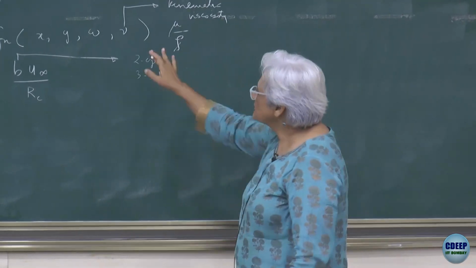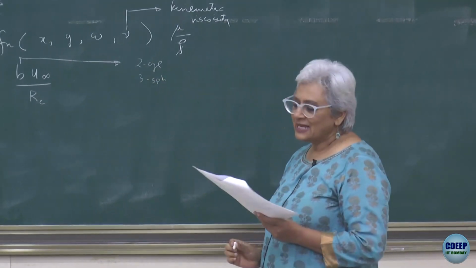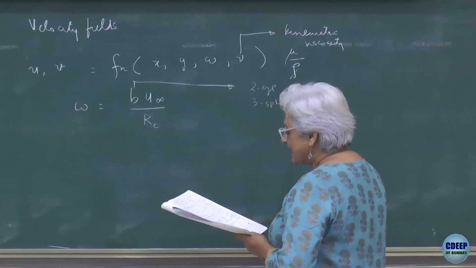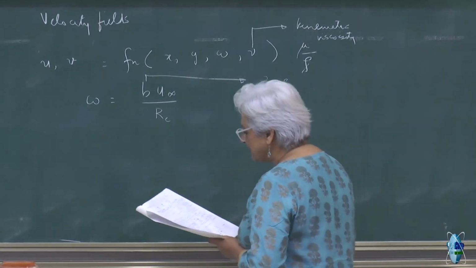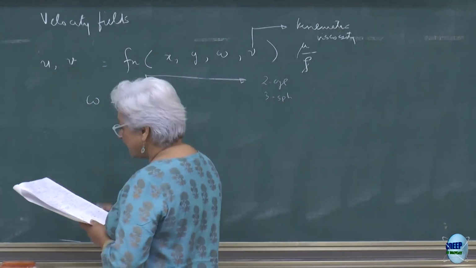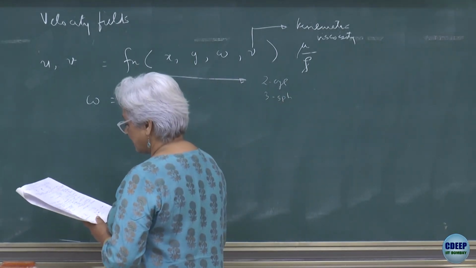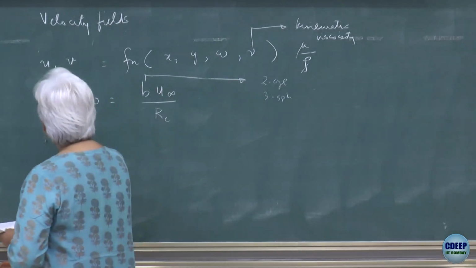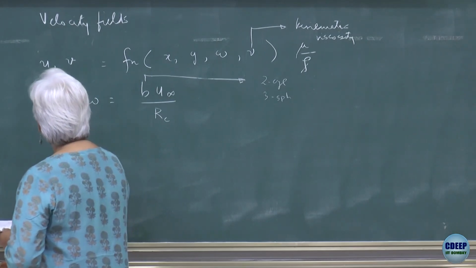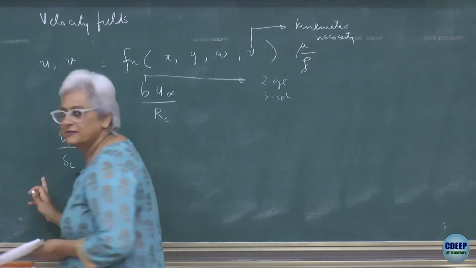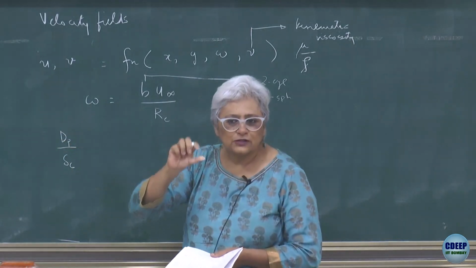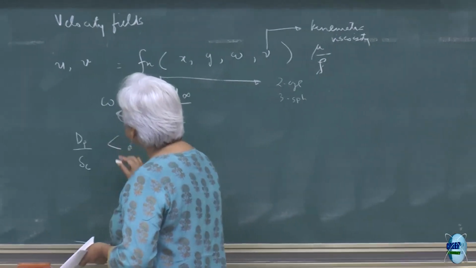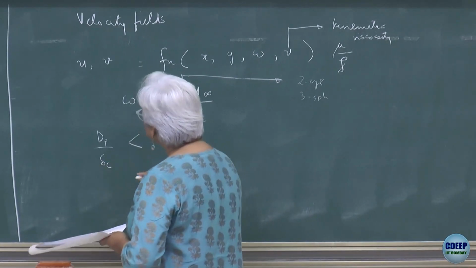So, this u and v can be written in terms of this, and we now get a new dimensionless group. Of course, we recognize d, the particle diameter, divided by the thickness of the concentration boundary layer that we had talked about earlier, delta.